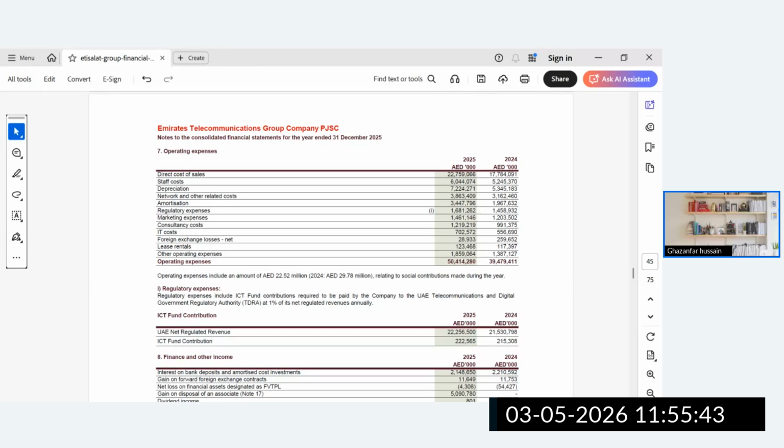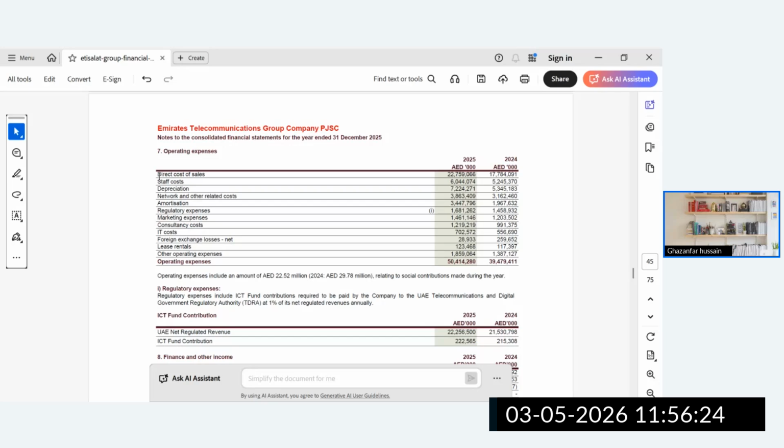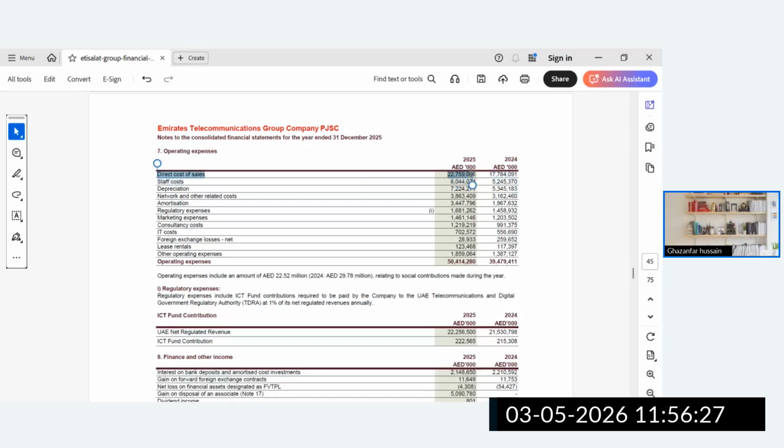So please let me know which figure we're going to take from here. So this is the figure we're going to take.